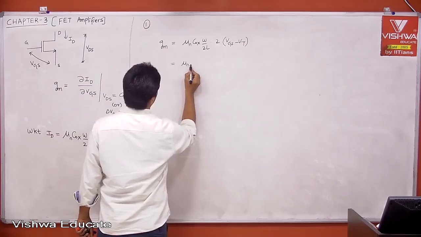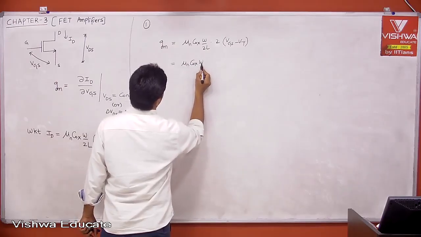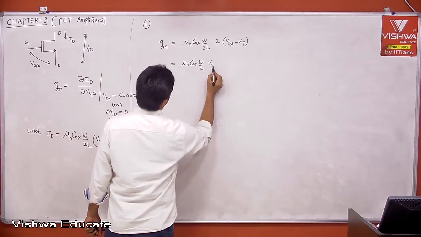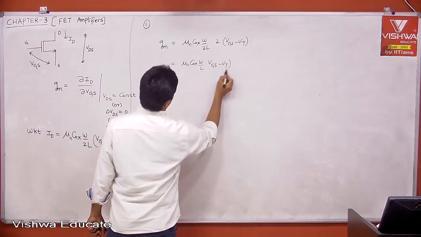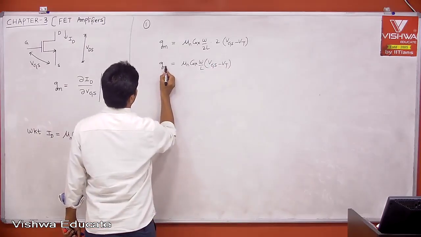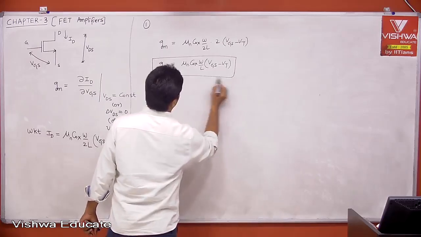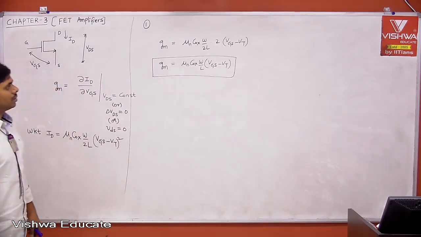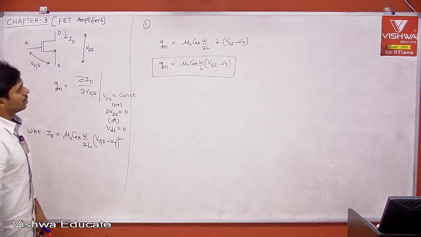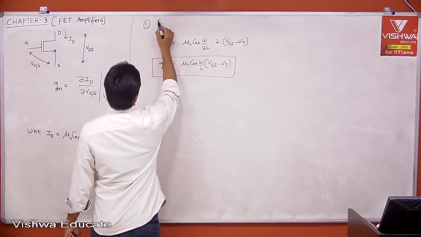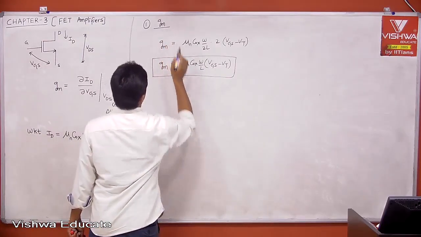Therefore, it is simply mu n Cox W by L into VGS minus VT. This is our GM. This is the first form, or equation 1. Therefore, this is GM.